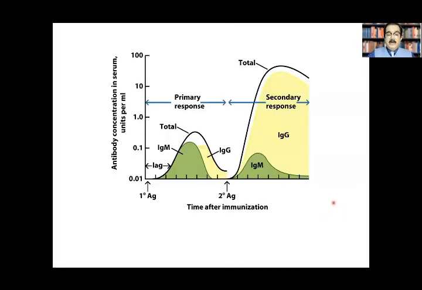Okay, so this is the slide that you have seen in Immunology 101. This is antibody concentration in the serum. This is time. You vaccinate or have a first exposure, you get a modest immune response, and this takes about 7 days. The lag is actually pretty long. You get a secondary antigen. The same antigen comes back, and then lo and behold, you get 2 to 3 orders of magnitude more antibodies, and much faster than in the primary immune response.